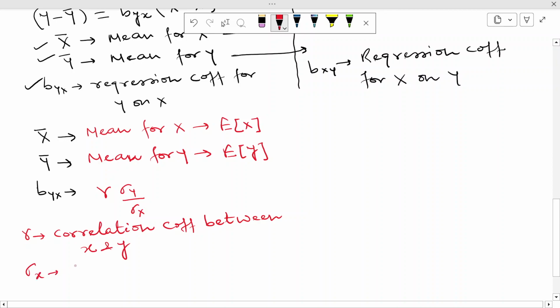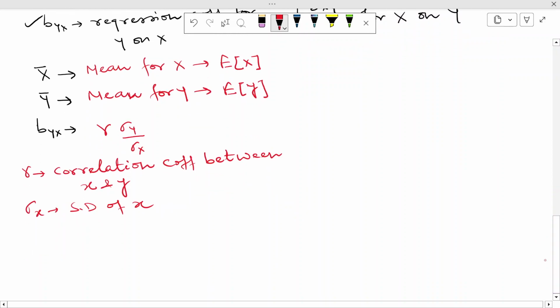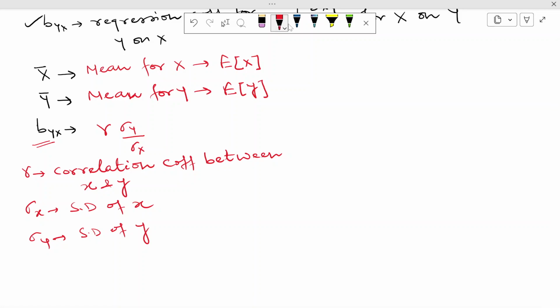Sigma x is the standard deviation of the variable x, and sigma y is the standard deviation of y. So you have to find out these three quantities in order to obtain your byx, or you can say the regression coefficient for y on x.